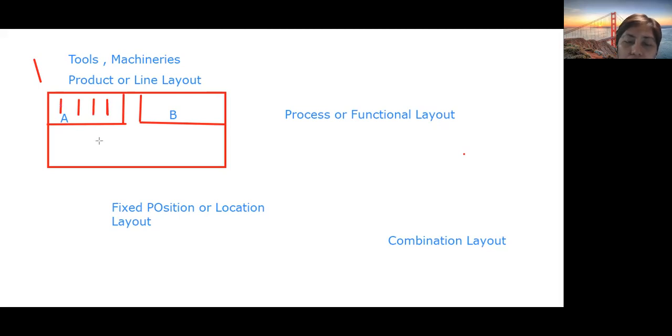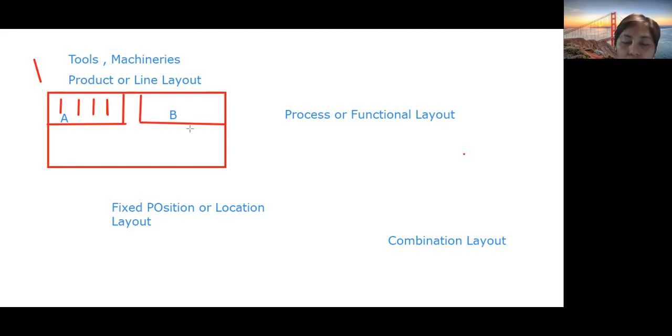So there is no backtracking, because there is a sequence of operation done in that area in producing a particular product.